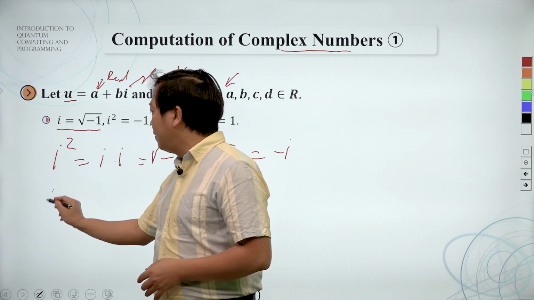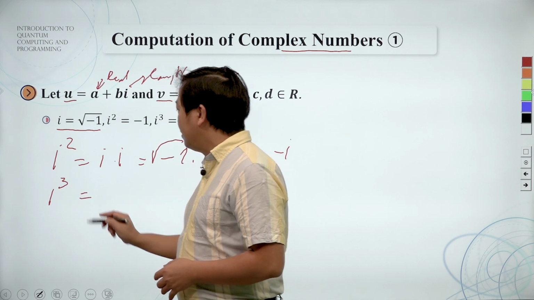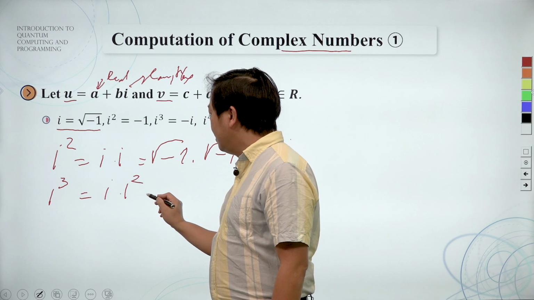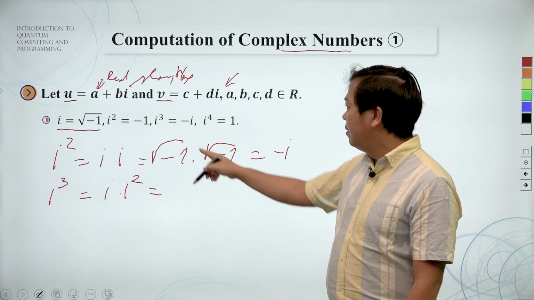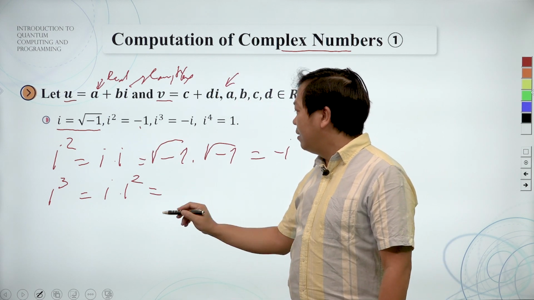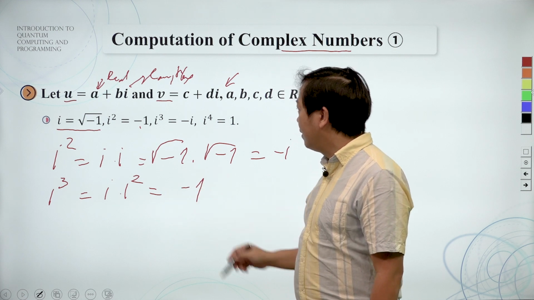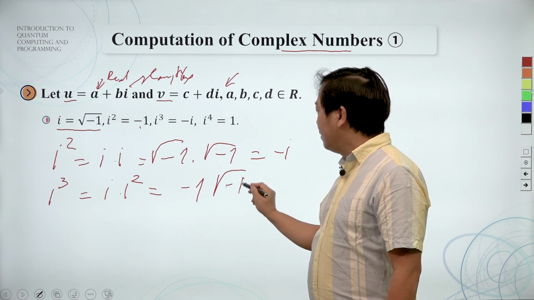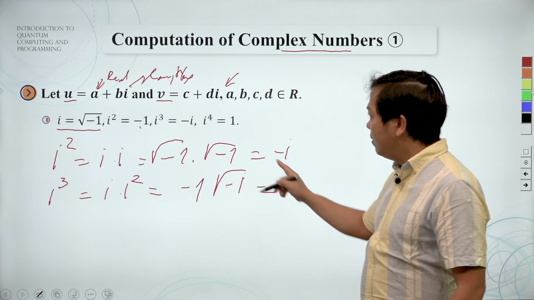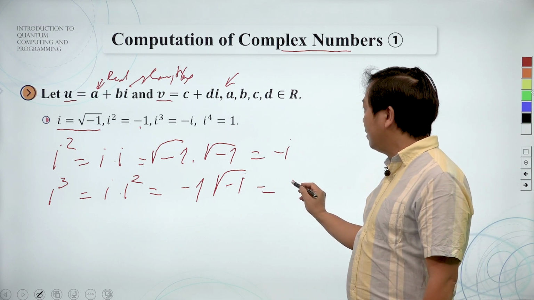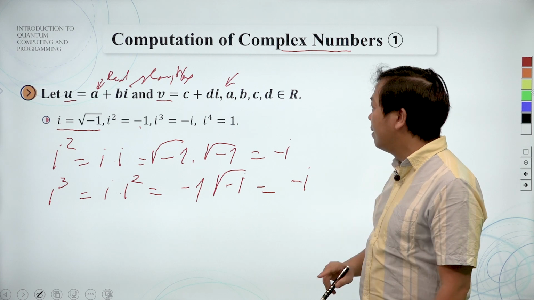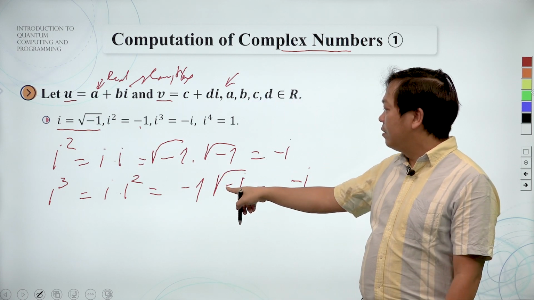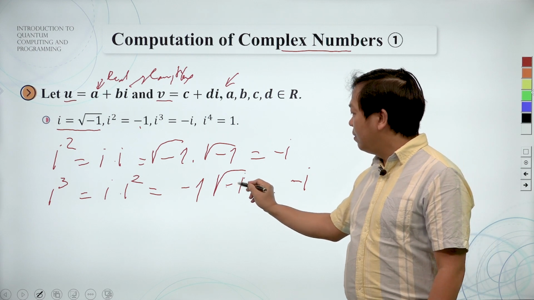Over here we have i cubed. So it's equal to i multiplied by i squared. Because we know i squared is minus 1, you can see it is called multi i. Because we already know i equals the square root of minus 1.